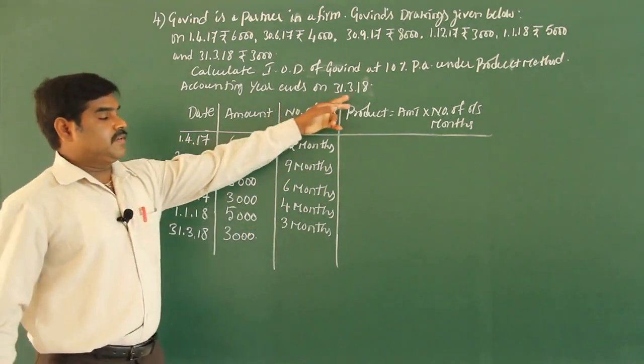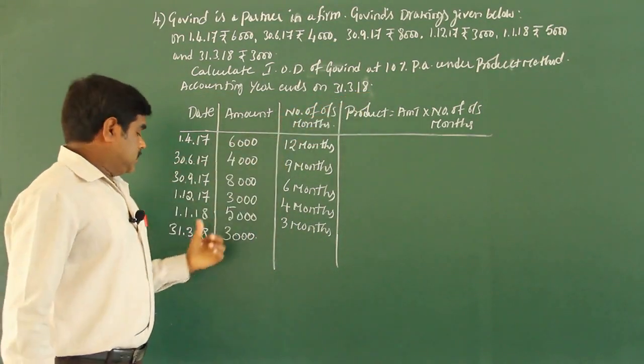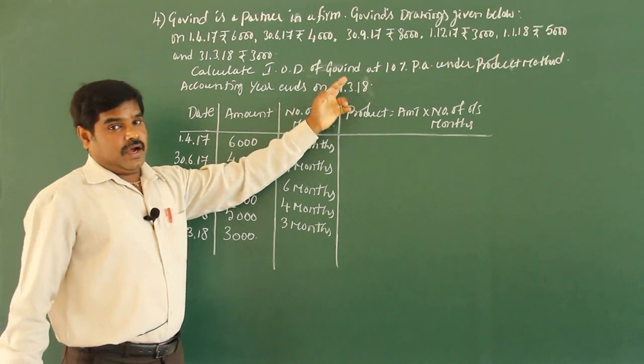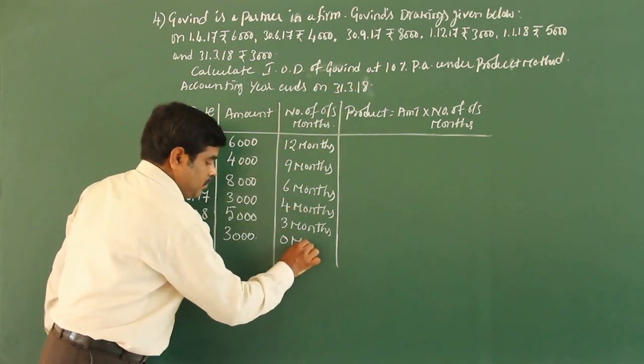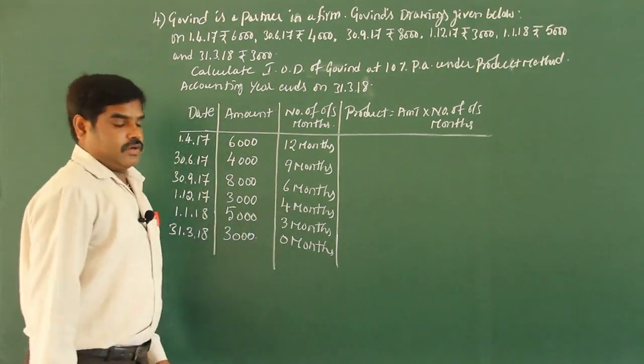31st March to 31st March, of course I already told you, same date, accounting year end. On the accounting year end, the amount is drawn, therefore it is 0 months.